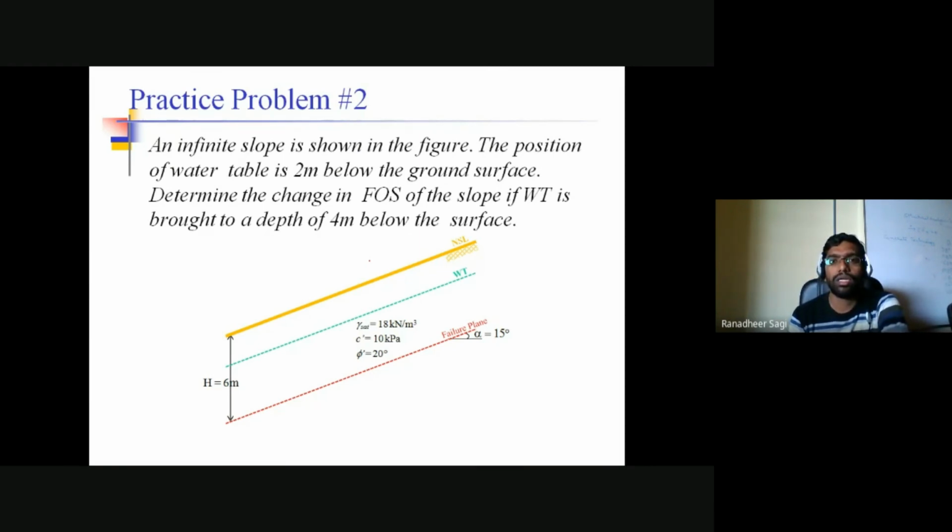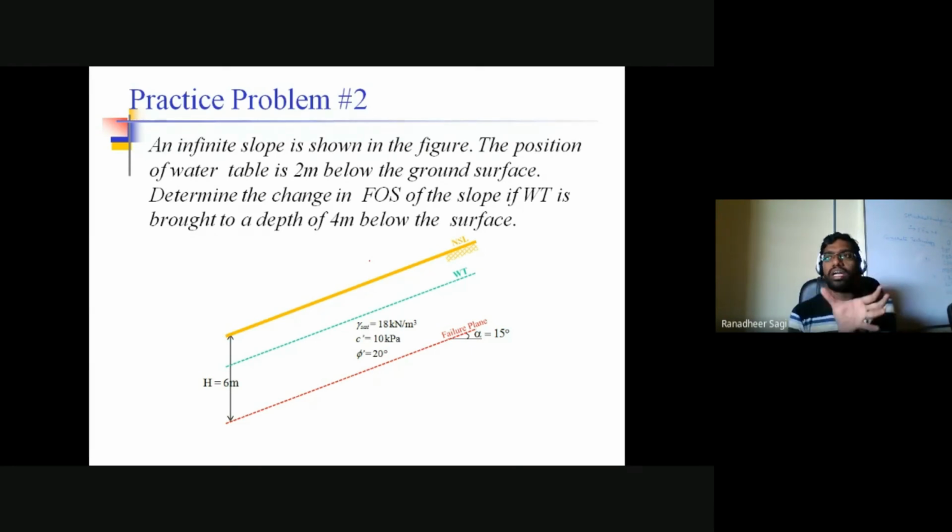In such a case, in case 1, I'll get some factor of safety. In case 2, with the water table at 4 meters below the ground surface, I'll get some factor of safety. And I'm required to find how much the change in factor of safety of that slope is because of the change in position of the water table.